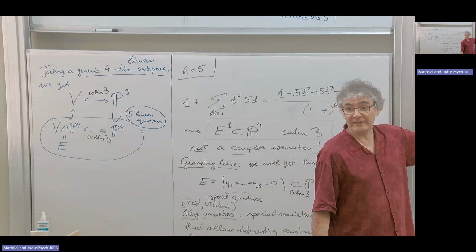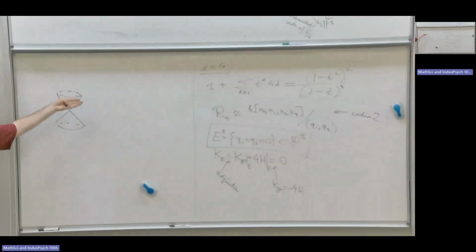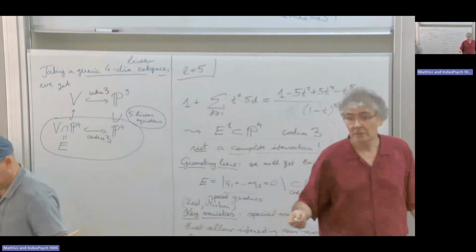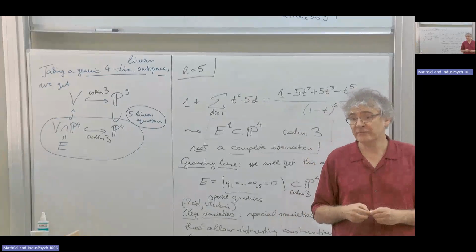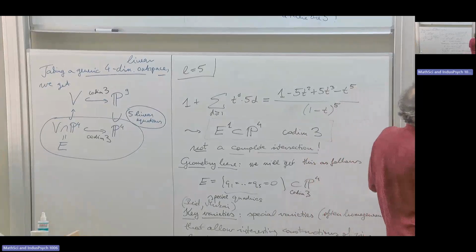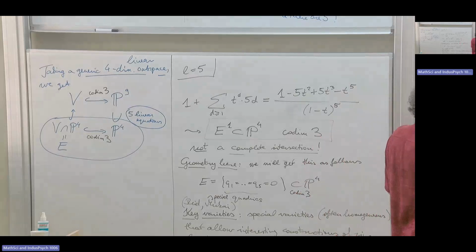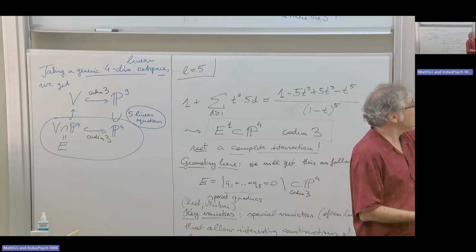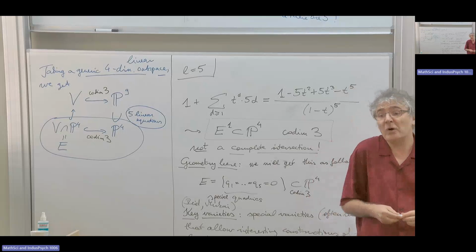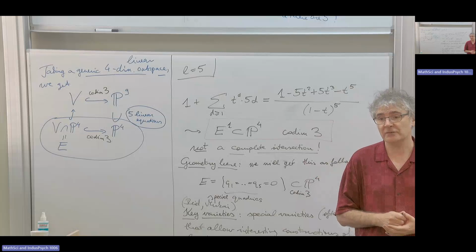If I go through the vertex, then I get a union of 2 lines. I want a non-singular, smooth situation. So if I take a generic linear section, I get a nice conic section. But if I happen to go through here, then I might get a union of lines or something. Or if I'm tangent, then I've got something even worse.